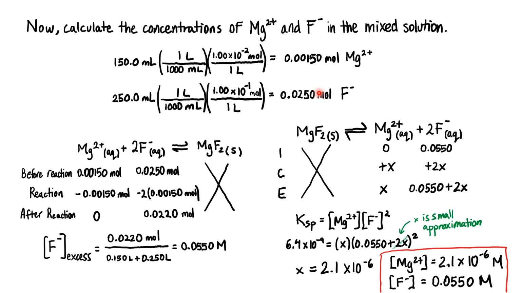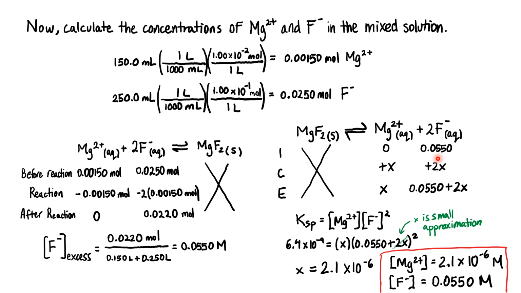But just to recap, how did we figure that out? First, we drove the reaction to completion. We drove the amount of ions that actually would form solid magnesium fluoride, and we saw which ion was left over in excess. And then we figured out how much of this goes back to magnesium 2+, knowing that some of this is going to dissolve based on the KSP, but keeping into account that there's a common ion floating around, and that's going to influence the solubility of it.